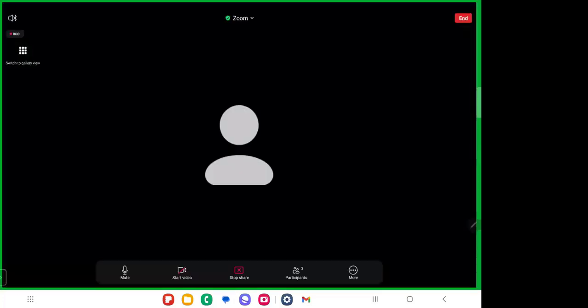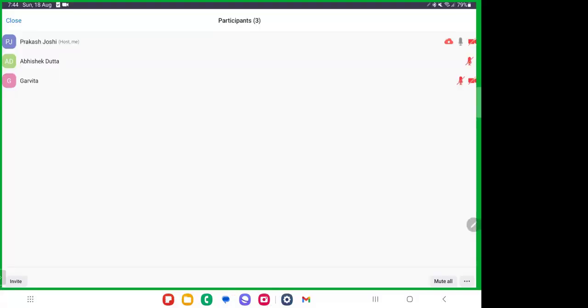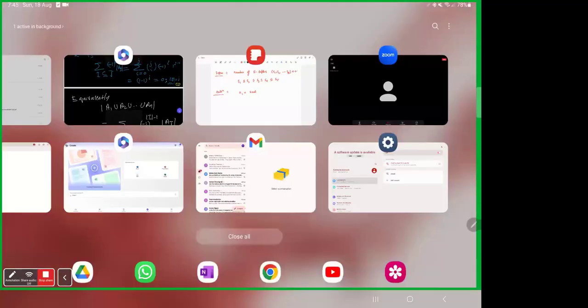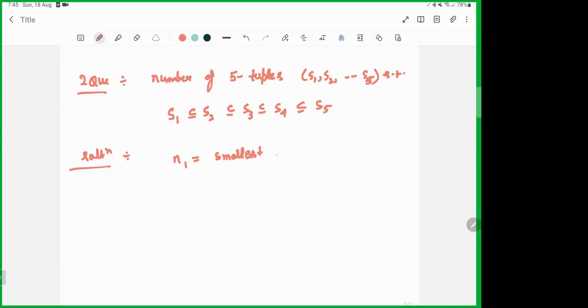Let Nj be the smallest number i such that j belongs to Si.